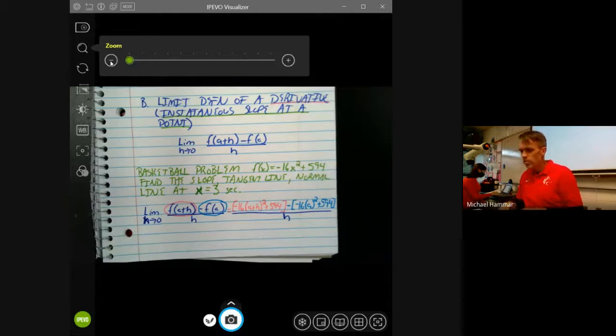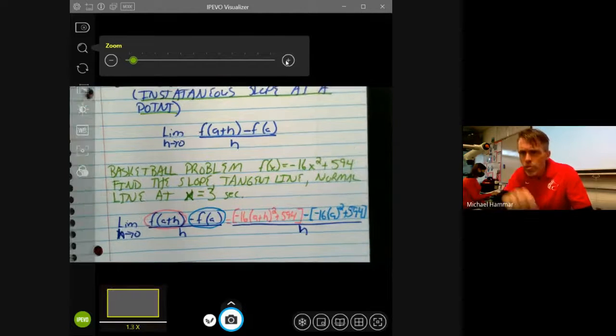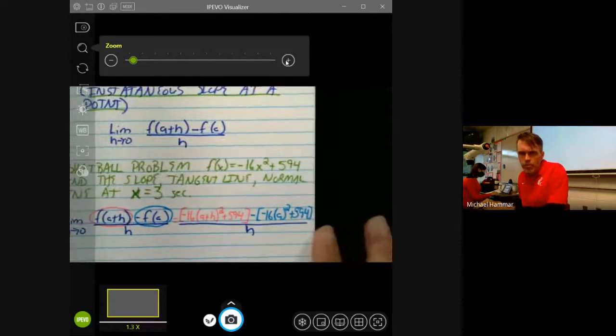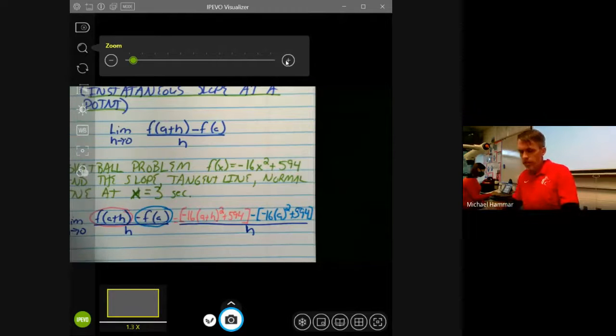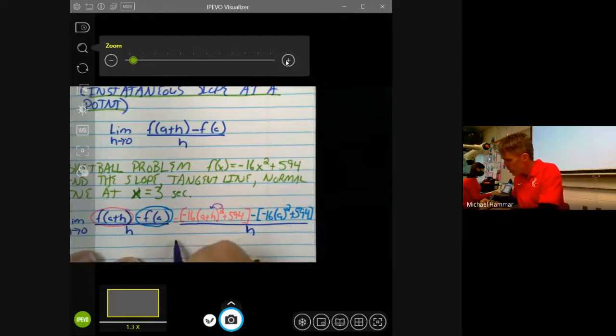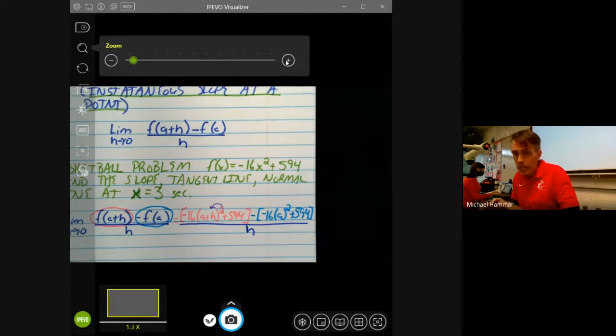So, in order to use this definition, you need to now do all of the simplification. So let's go through and simplify all of this. So we have negative 16 times (a plus h) squared. So we need to do a plus h squared first. I'm going to just do the math in my head. If you want to multiply it out, go ahead.